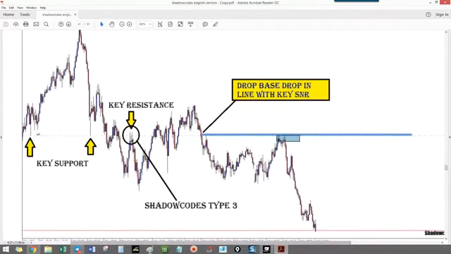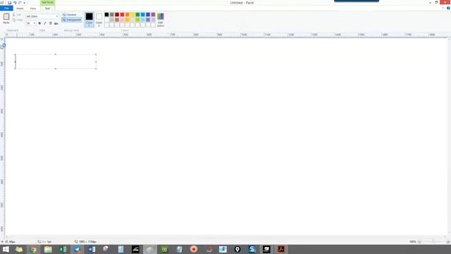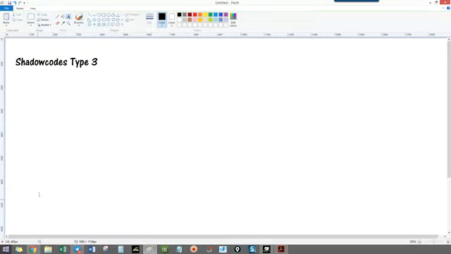Okay, let's draw something. Shadowcode Type 3. Type 3 has a few functions.